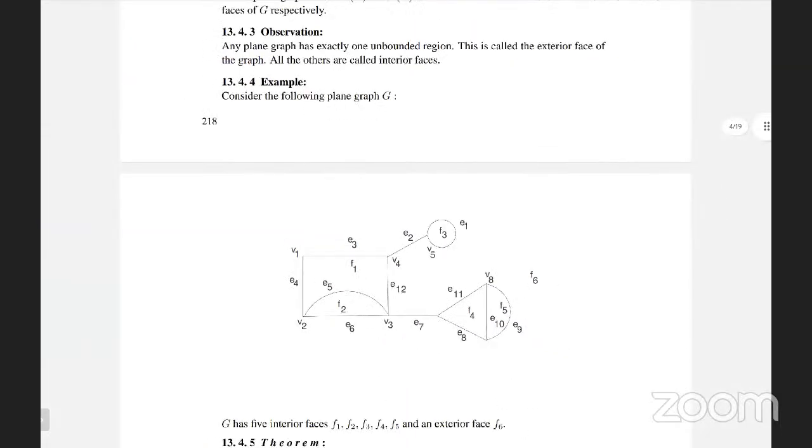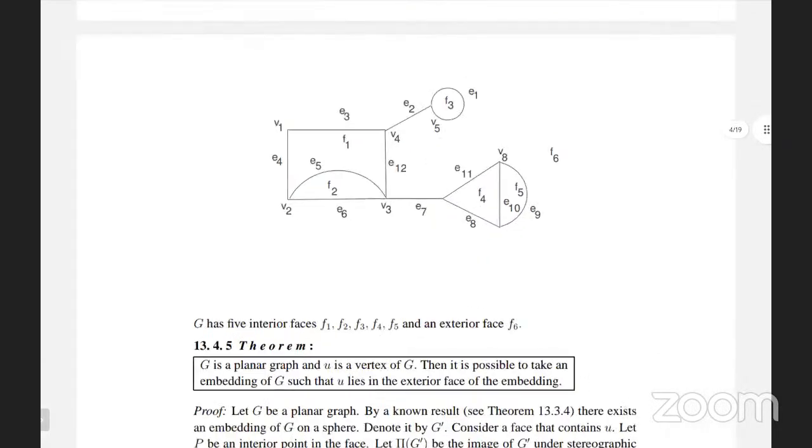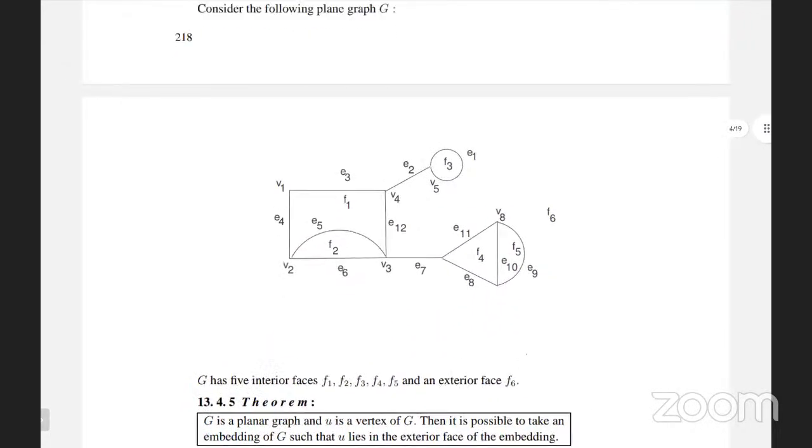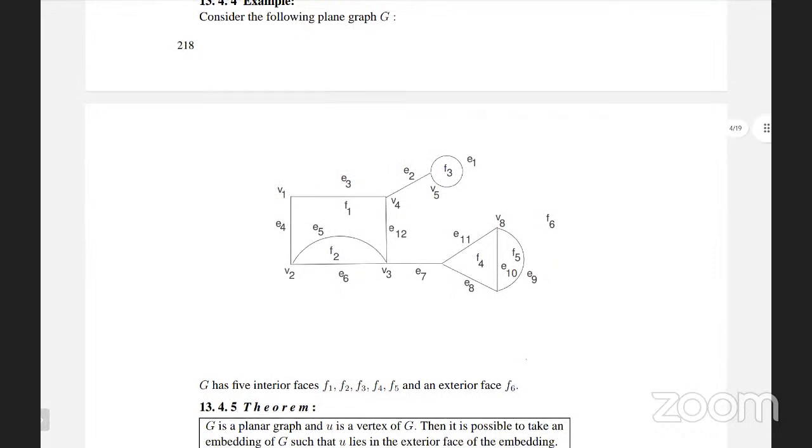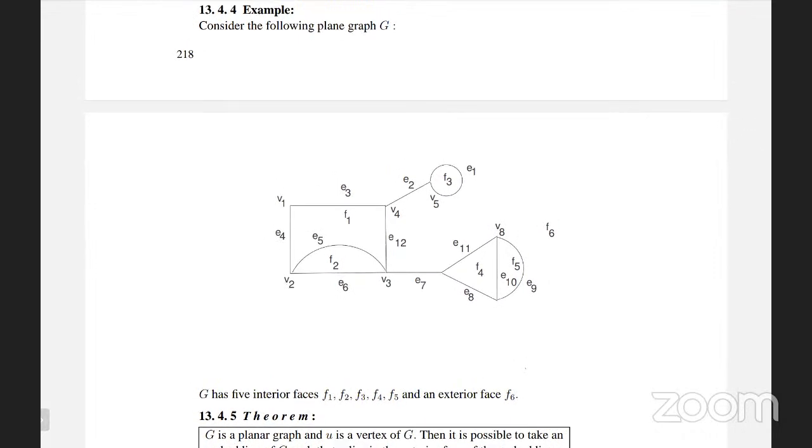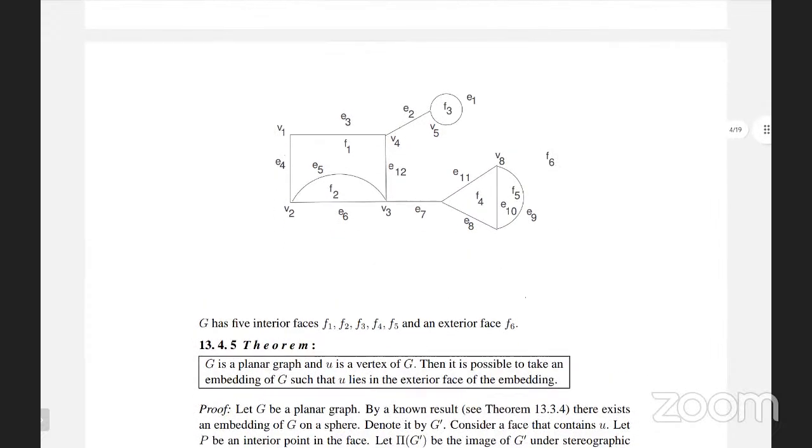Now, considering this observation of this graph, here in 13.4, we have 5 interior faces. F1 is bounded by the region only. F2 is also bounded by the region, because of the upper lower half circle, with V2, V3 and edge E5.